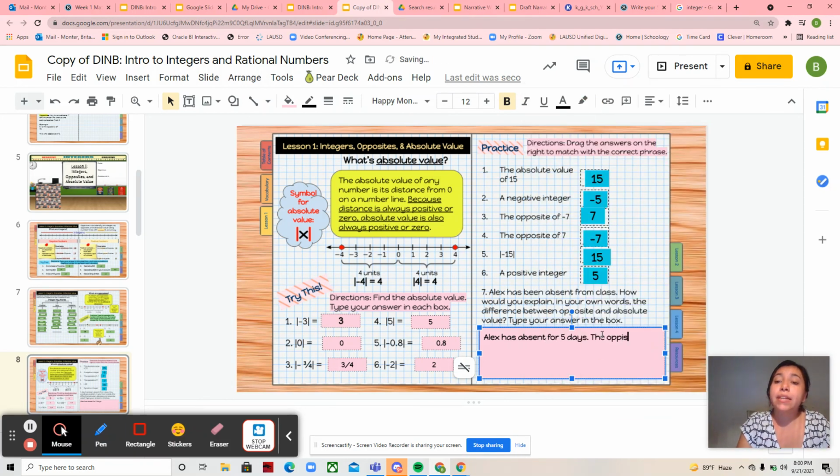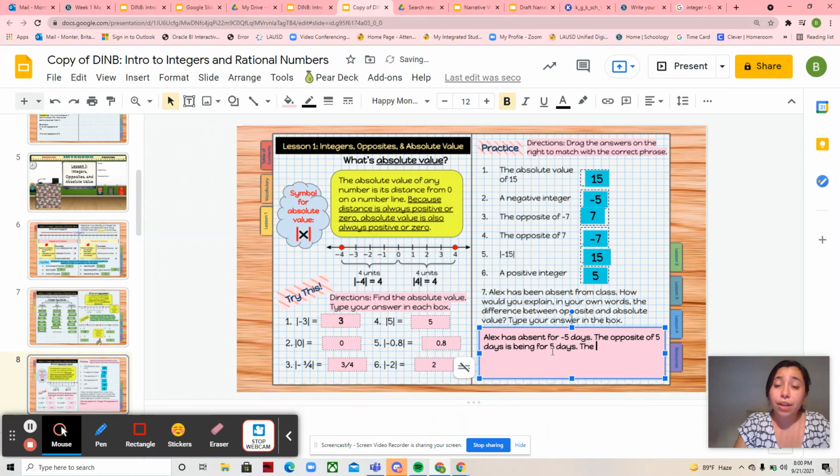The opposite of 5 days, right, of negative 5 days of not being here is being here for 5 days. So positive 5, right?